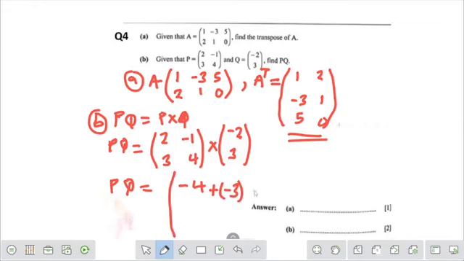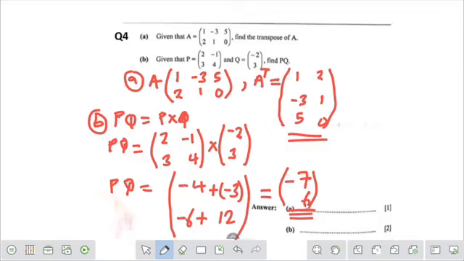We can close like this. Then we come down here, row by column, 3 times negative 2, it's a negative 6. Then plus 4 times 3, it's a 12. So this will be negative 4 plus negative 3, this will give us negative 7. Then negative 6 plus 12, this will give us positive 6. So this is our product for matrix P and Q.